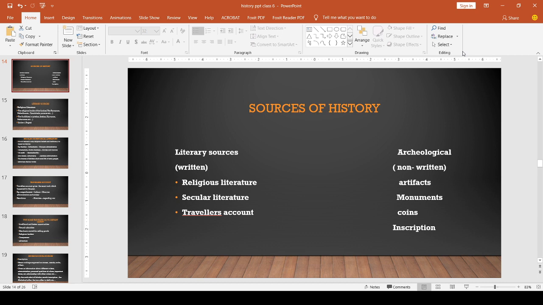It is based on physical remains of buildings, monuments, ancient coins, remains of pillars, half-destroyed pillars, caves. That is archaeological sources. So literary sources means written documents, and archaeological sources means non-written items.